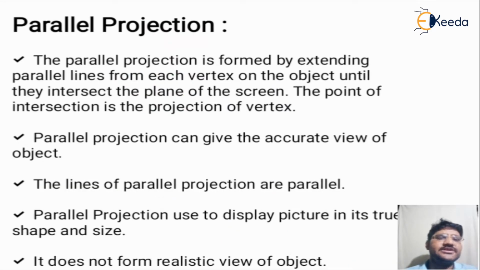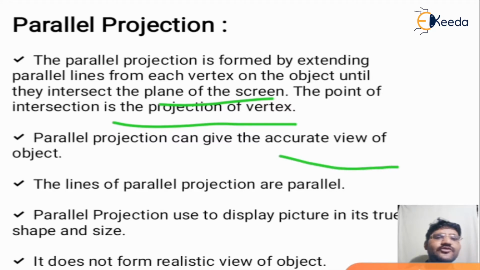Now let's discuss parallel projection in detail. The parallel projection is formed by extending parallel lines from each vertex on the object until they intersect the plane of the screen. The point of intersection is the projection of the vertex. Parallel projection can give an accurate view of the object.